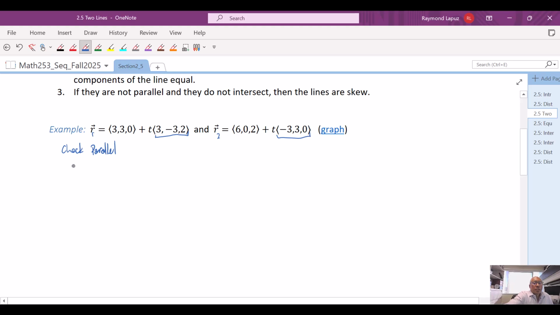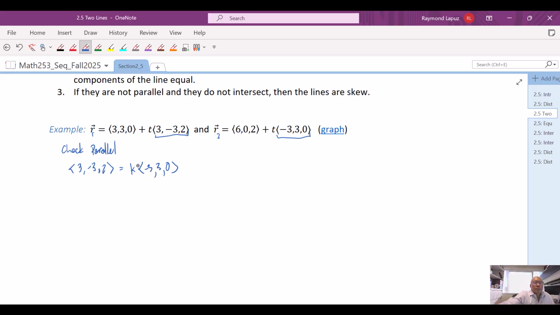In other words, you can set one of the vectors, that's 3, -3, and 2, equal to not the other vector, but rather a scalar multiple of the other vector. If we can find a k that would work for each of the 3 components, then we can say they're scalar multiples of each other.